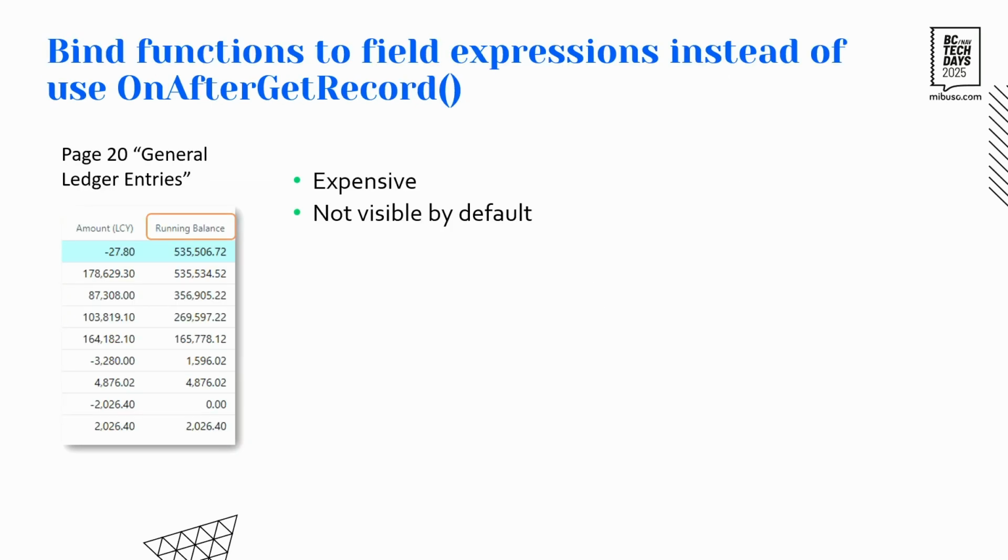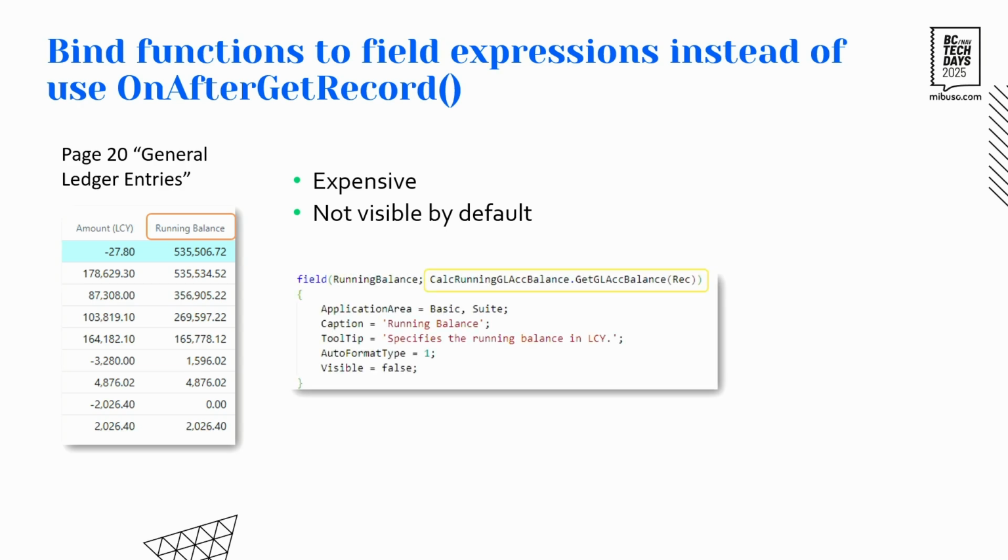So what you can do is, if fields are not visible, source expressions are not executed. So if you change your behavior from using an OnAfterGetRecord, which you did in the past, where you put your pre-calculated values for some kind of fields in the code, instead, you can add a function directly at the source expression level, and if the visibility is false, that means your functions will not be called.